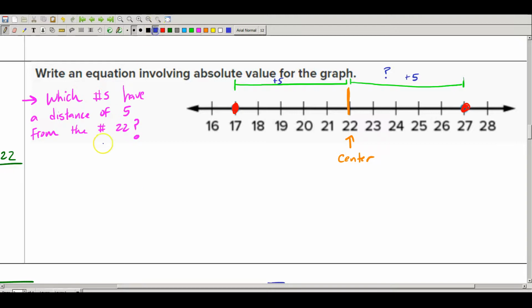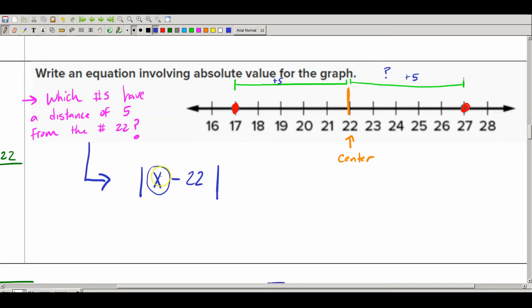When we write this equation, we're going to say something like this. We're going to have absolute value. Remember, absolute value is a distance, and if we want to describe the distance between two numbers, we can subtract. So we're going to say x minus, where x represents our solutions, in this case 17 or 27, and then minus the center. In this case the center is 22.